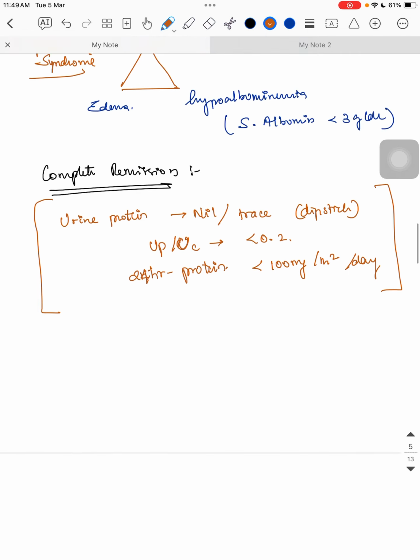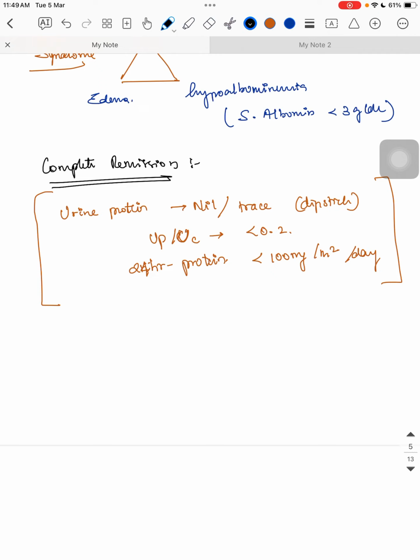When do you call it resistant, that is steroid resistant? In steroid resistant itself, we have two types. One is initial resistant, another is late resistant, also called secondary steroid resistant.